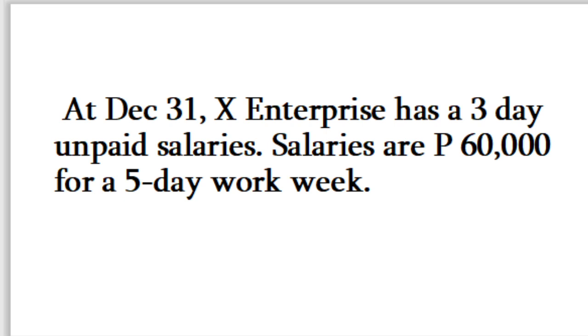Sabi din dito, sa isang week daw, for 5 days, yung pagtrabaho is good for 5 days. 60,000 yung marireceive ng empleyado. So, divide lang natin yung 60,000 by 5 para makuha natin yung per day ng kanyang empleyado.